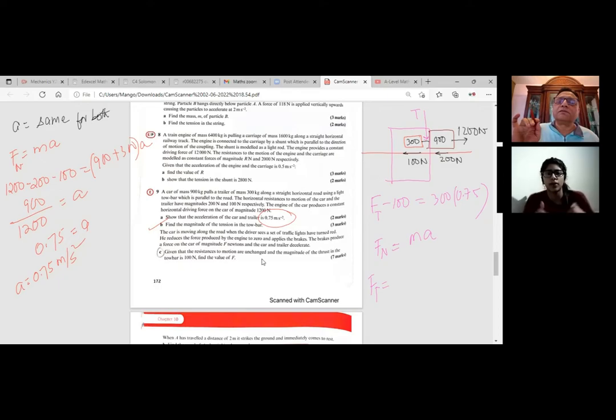But within the tow bar, are there two tensions? No. When I broke this away from the previous one, this is the only force acting in the right-hand direction. So when I make this block, I have only Ft here, and I have 100 in the other direction.